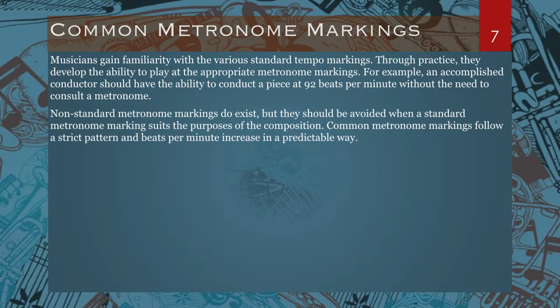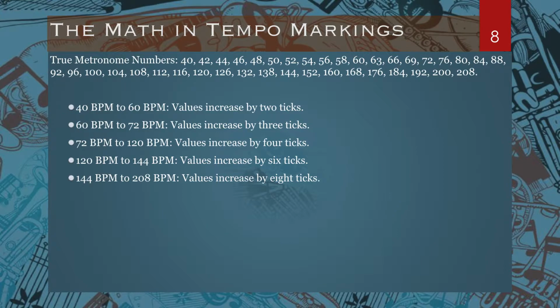So, this is probably an extremely important slide for you, but these are the true metronome numbers. You have 40, 42, 44, 46, 48, 50, 52, 54, 56, 58, 60. Notice how from 40 up until 60, the value increases by 2 ticks. Now, after 60, from 60 to 72, the values increase by 3 ticks.